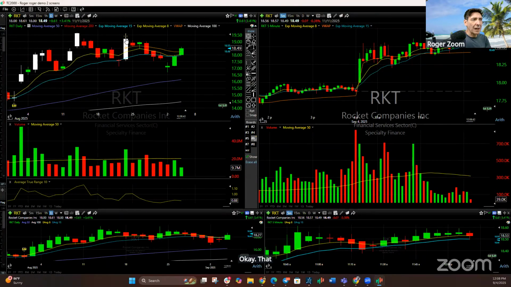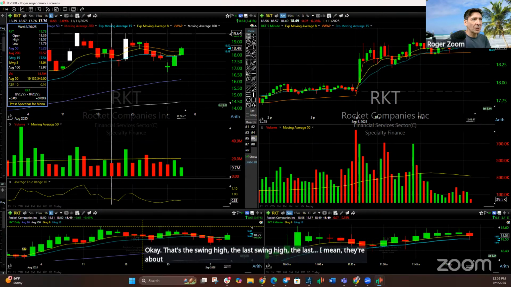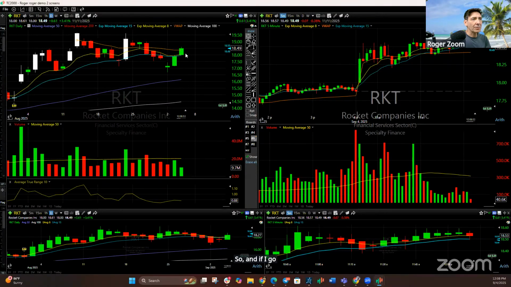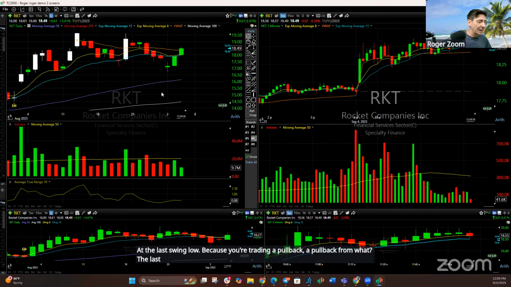That's the last swing high, they're about equal, these two right here. So you could just use this one. You could use this one if you want, but they're about equal. And if I go right here, I'll end up in the same place. So where do you anchor your VWAP? At the last swing high, because you're trading a pullback. A pullback from what? The last swing high.